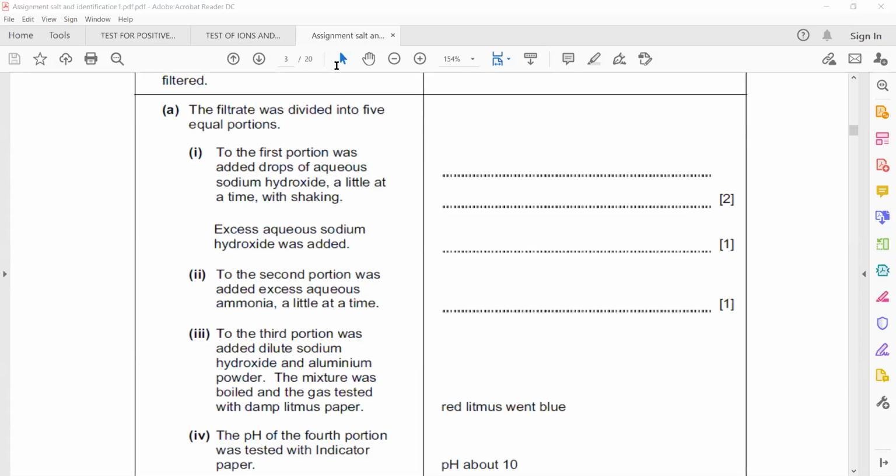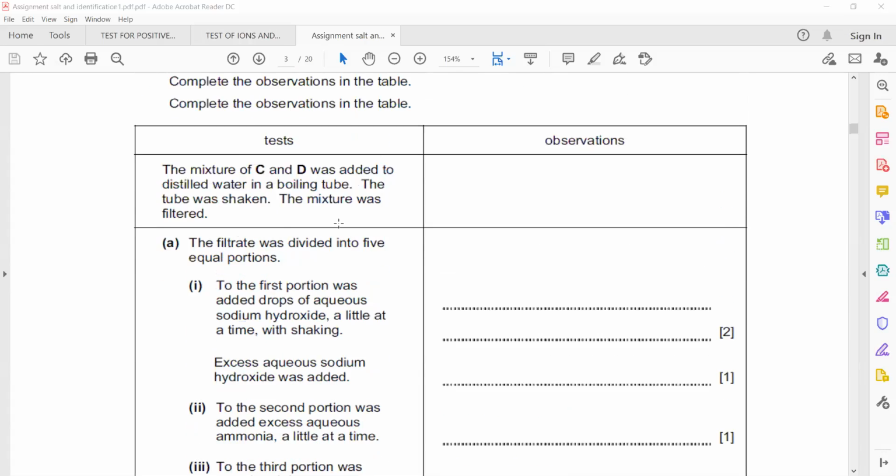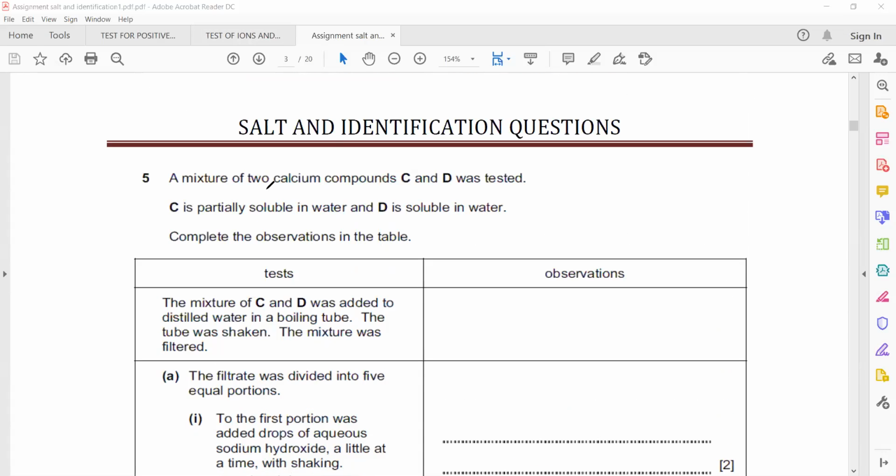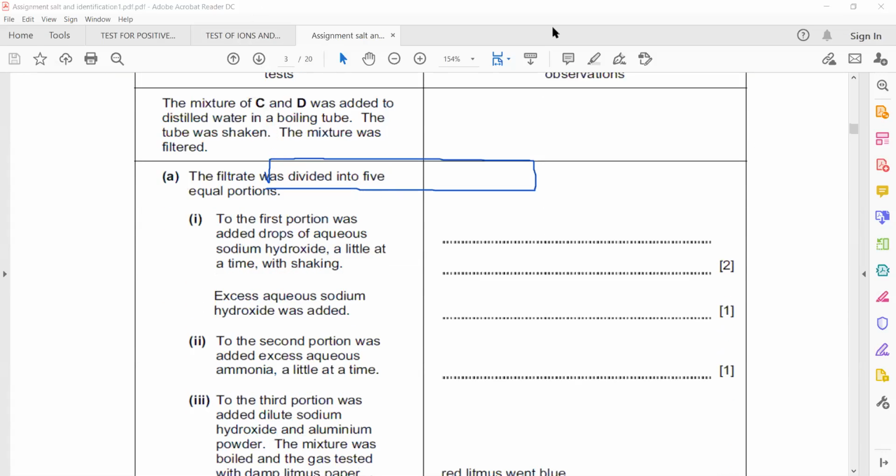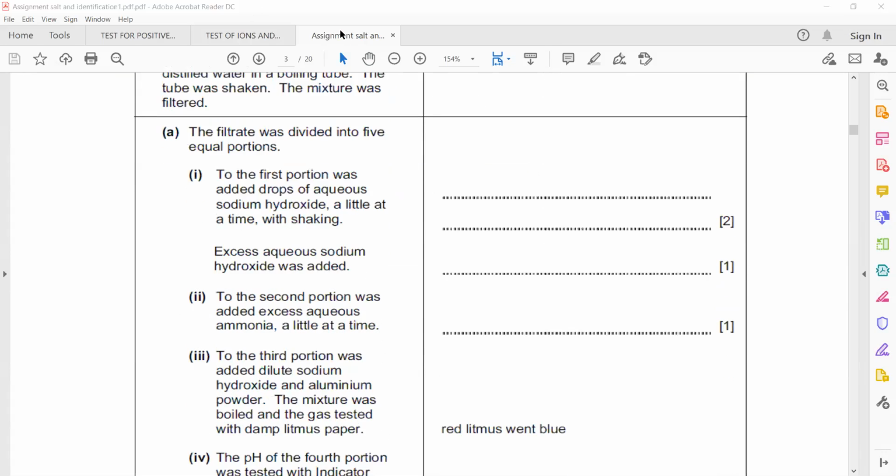So if we add a small amount, and they already mention in the question that this salt contains calcium, there was a calcium ion. These are the calcium compounds, C and D. So if we have a calcium compound and we add sodium hydroxide, what will be the observation for us? We will observe white PPT or white precipitate.